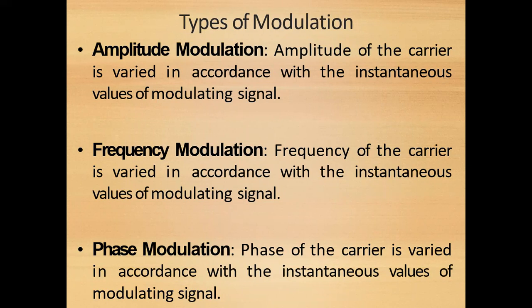So, any signal will have amplitude, frequency, and phase. Now coming to the definition of amplitude modulation, the amplitude of the carrier is varied in accordance with the instantaneous values of the modulating signal. Similarly, in frequency modulation, the frequency of the carrier signal is varied in accordance with the instantaneous values of the modulating signal.